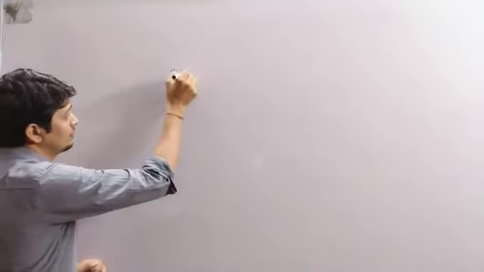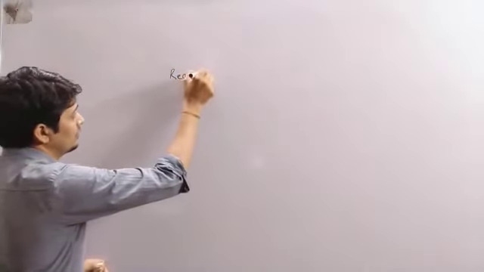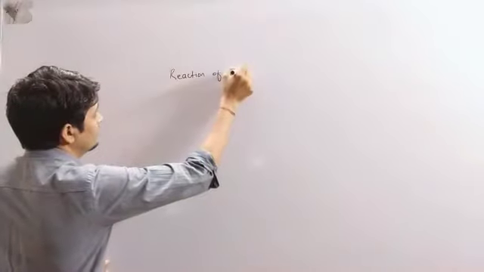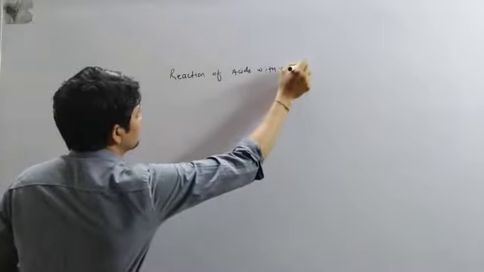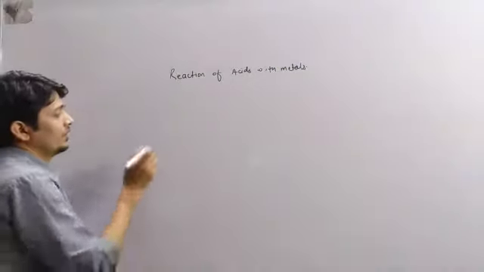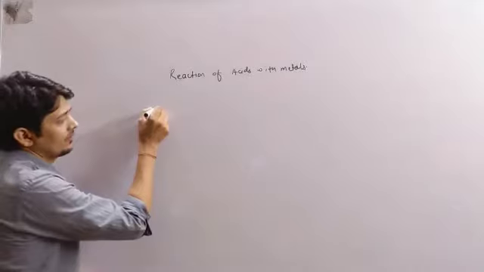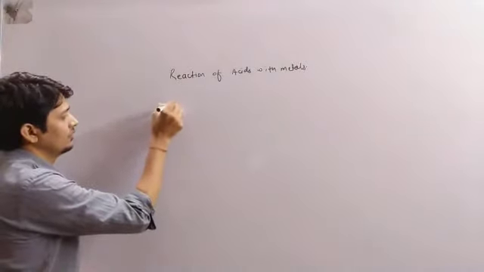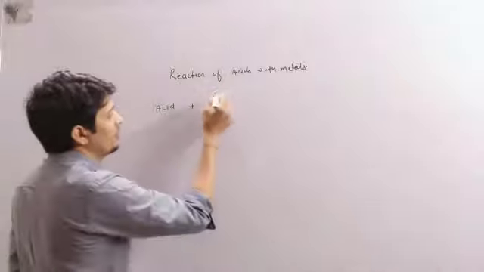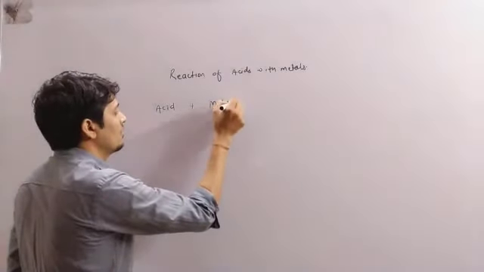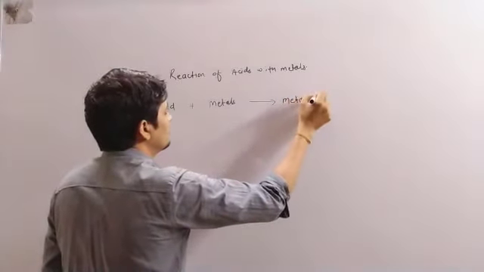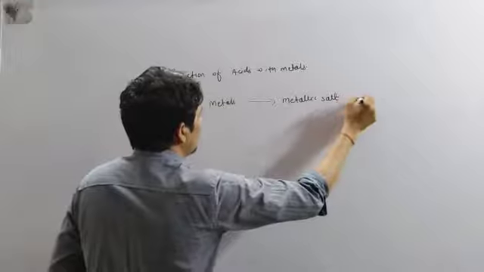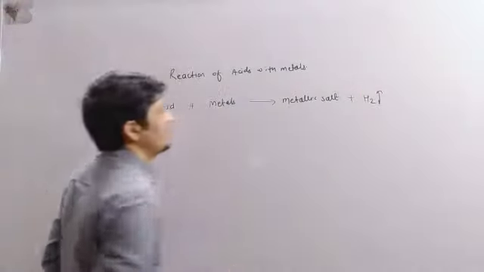Okay, so reaction of acid with metals. Let we have acid plus metal, they form metallic salt, and hydrogen gas is released.